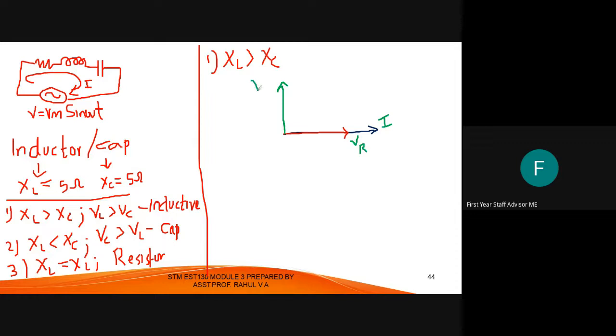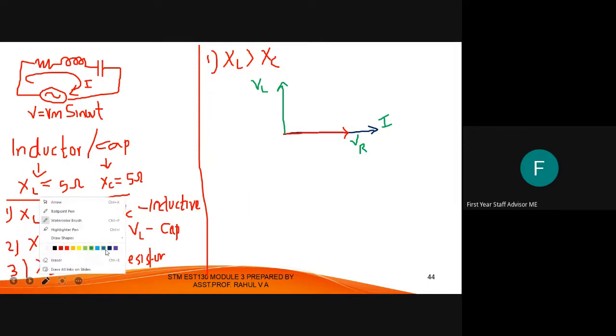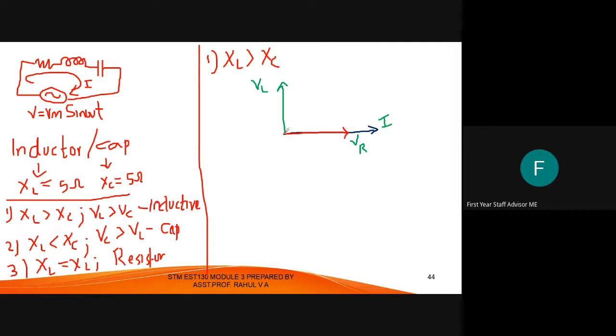Now I have to draw the phasor diagram of the capacitor. And I know that in a capacitor, current leads the voltage.